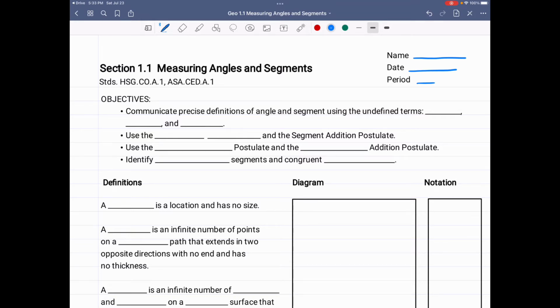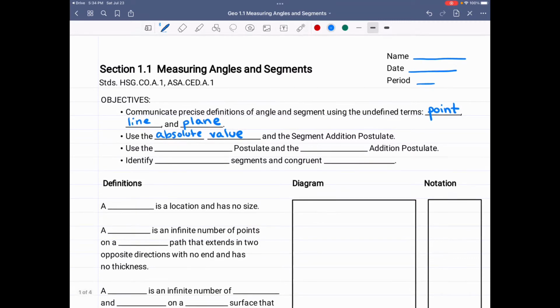The objectives for today: communicate precise definitions of angle and segments using the undefined terms point, line, and plane. Use absolute value and the segment addition postulate.